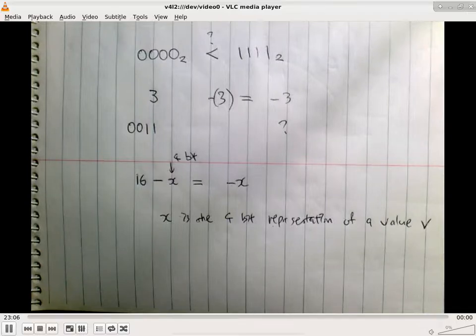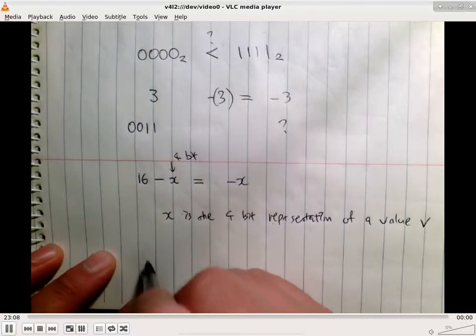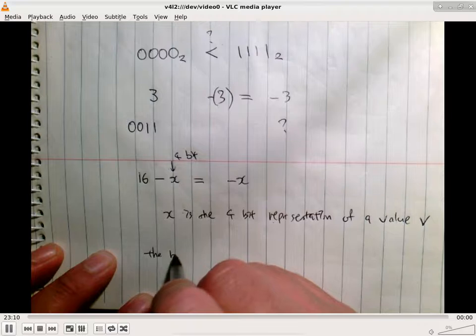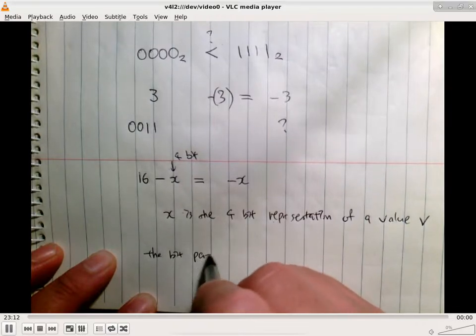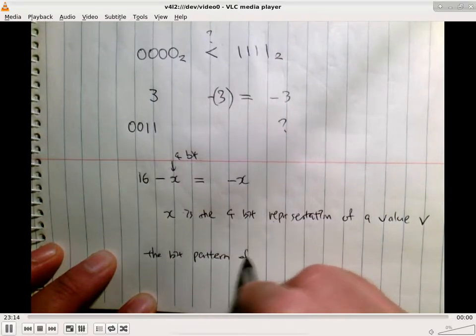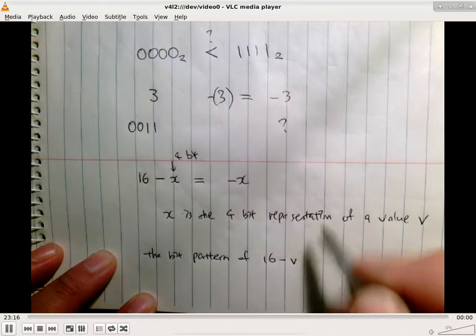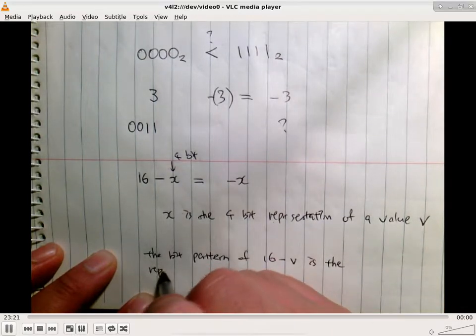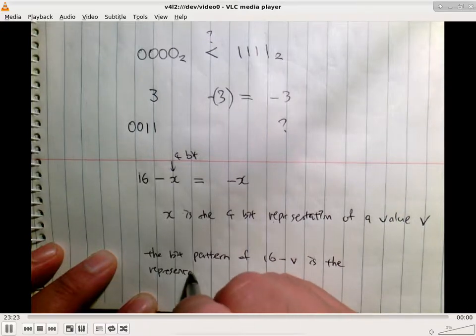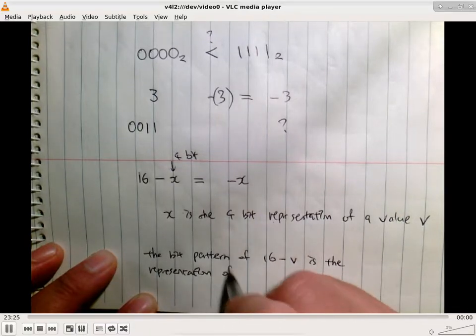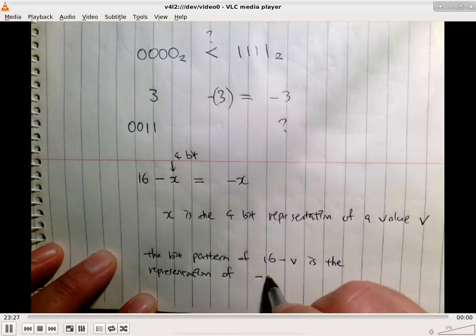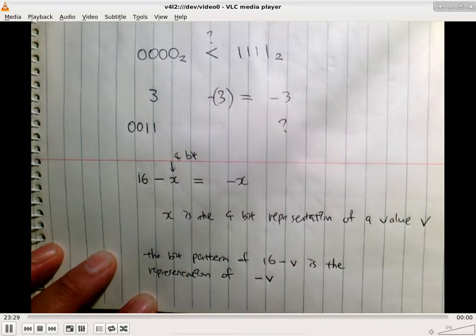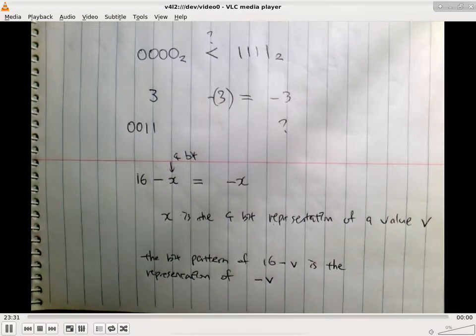So what I'm claiming here is the bit pattern of 16 minus v is the representation of the arithmetic negation of v.